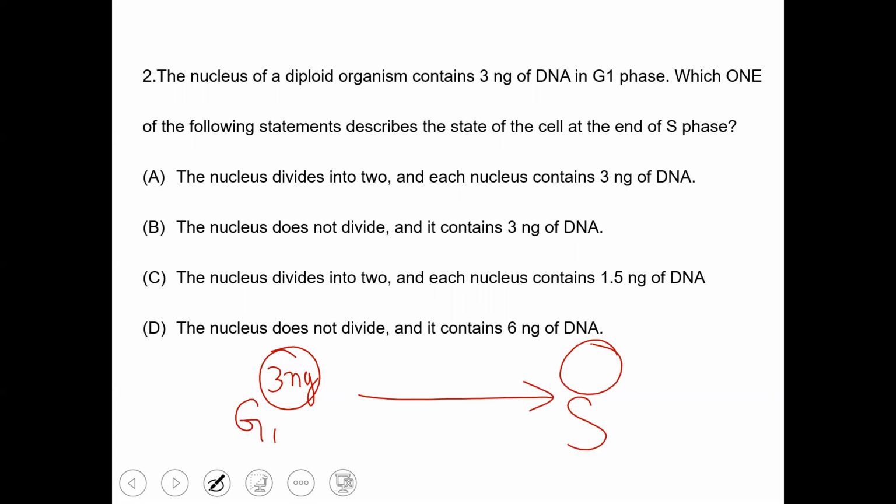The nucleus does not divide. We know that the nucleus will not divide, isn't it? So two options are ruled out. The nucleus does not divide and it contains 3 ng of DNA. The nucleus does not divide and it contains 6 ng of DNA. We know that after S phase, the content of the DNA, if it is 1C, will become 2C. So it will be 6 nanograms of DNA. Option D is the right one.